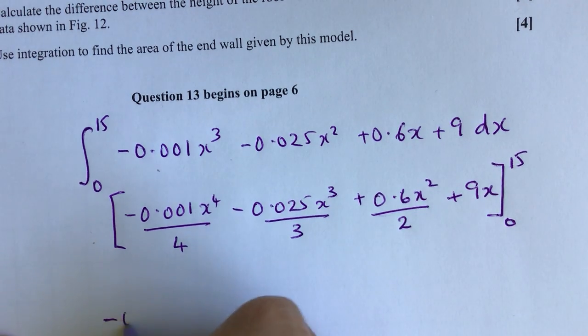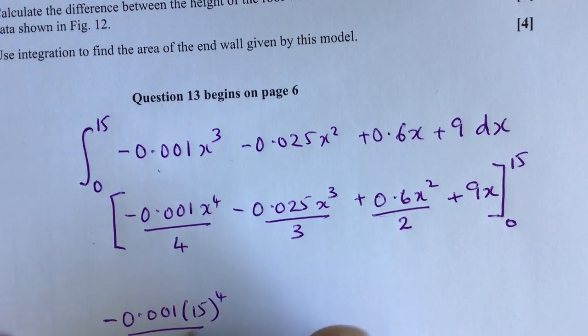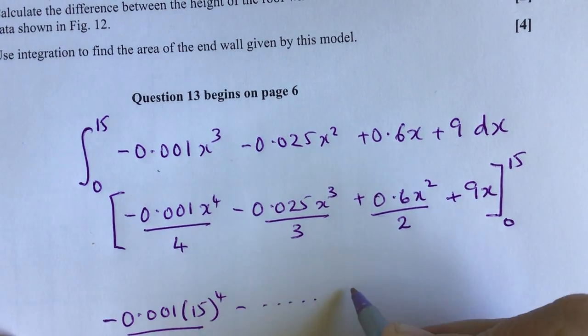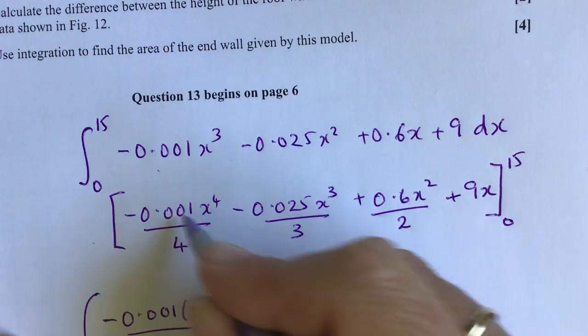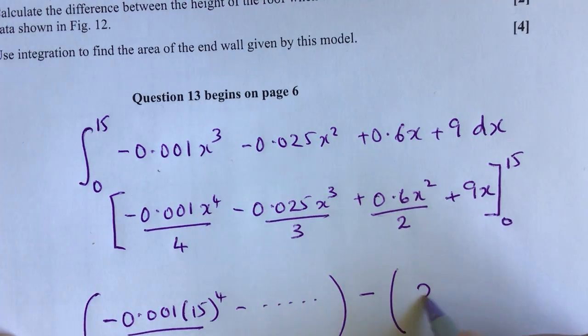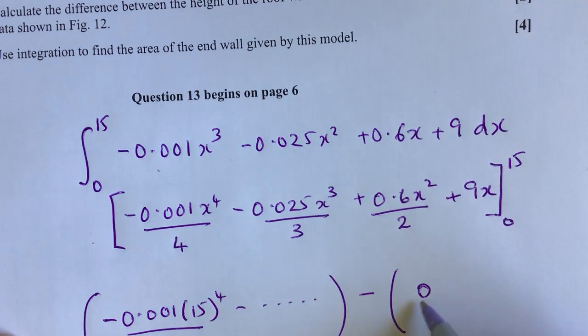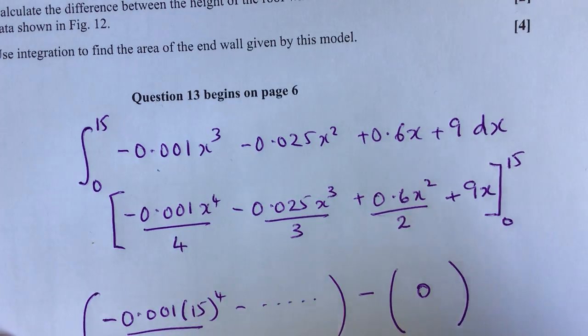So you put in your 15, I'm not going to do it all, etc, etc. So you substitute the 15 in, and then you have to demonstrate that you're substituting the 0 in. The fact that you can see 0, 0, 0, 0 is fine, you don't have to write all of the bits out, but you do need to show me that you have substituted 0 in, and then you use your calculator. Okay, so that brings us to the last question.